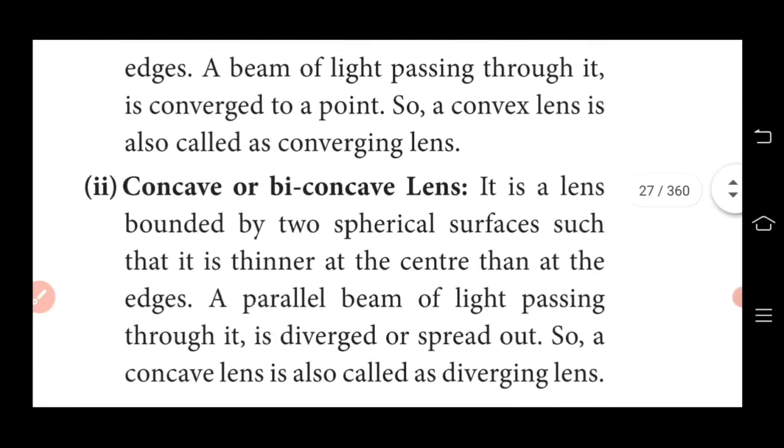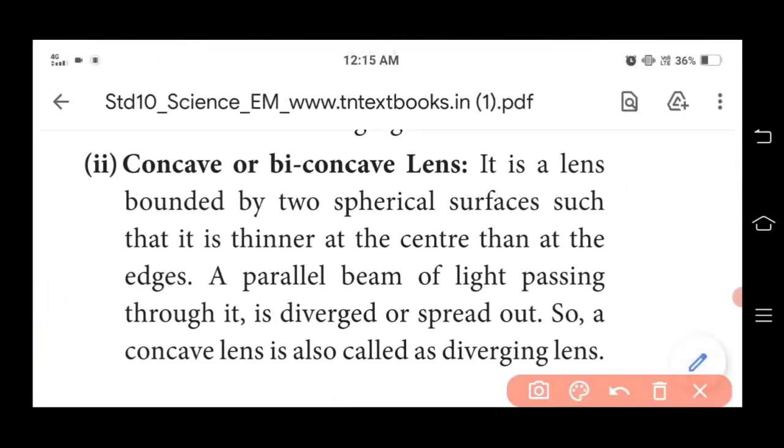And then the concave lens. A concave lens is bounded by two spherical surfaces, such that it is thinner at the center. Very important: a concave lens is thinner at the center and thick at the edge, and a parallel beam of light rays passing through it diverges or spreads out. So a concave lens is also called a diverging lens.